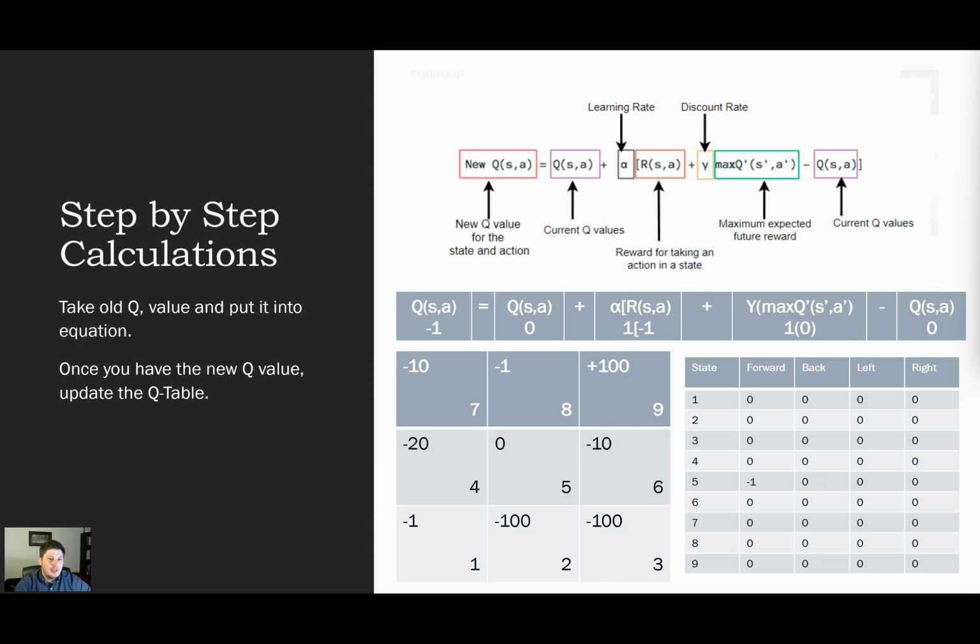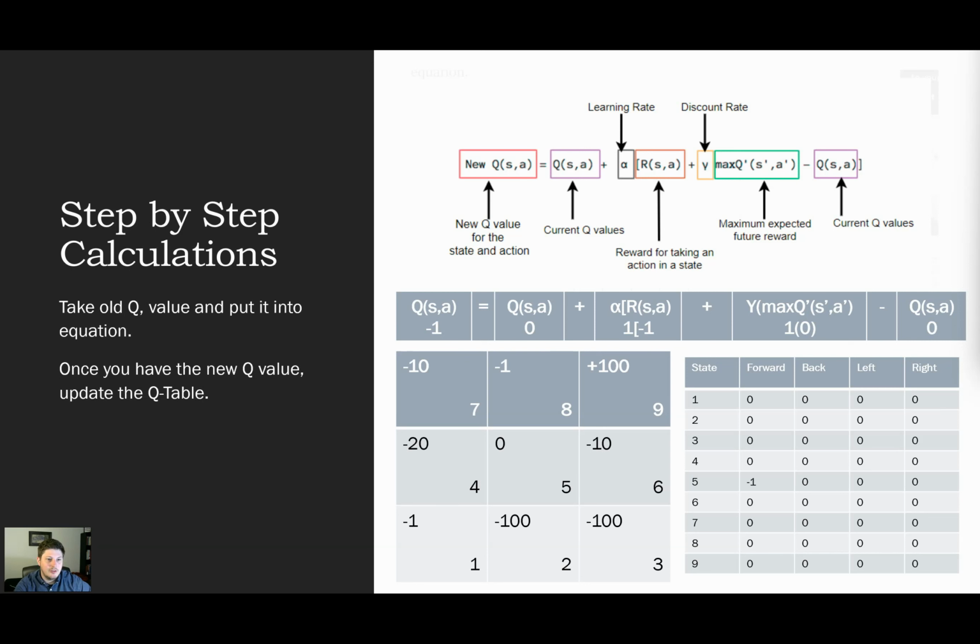At the very bottom, you'll see our exact same setup that we had, except now I've got a value in the Q table. So how did I get that Q value? What we're going to do right now is set the learning rate and the discount rate to 1. I'll explain what those are in a second, but we're going to walk through the math behind this.